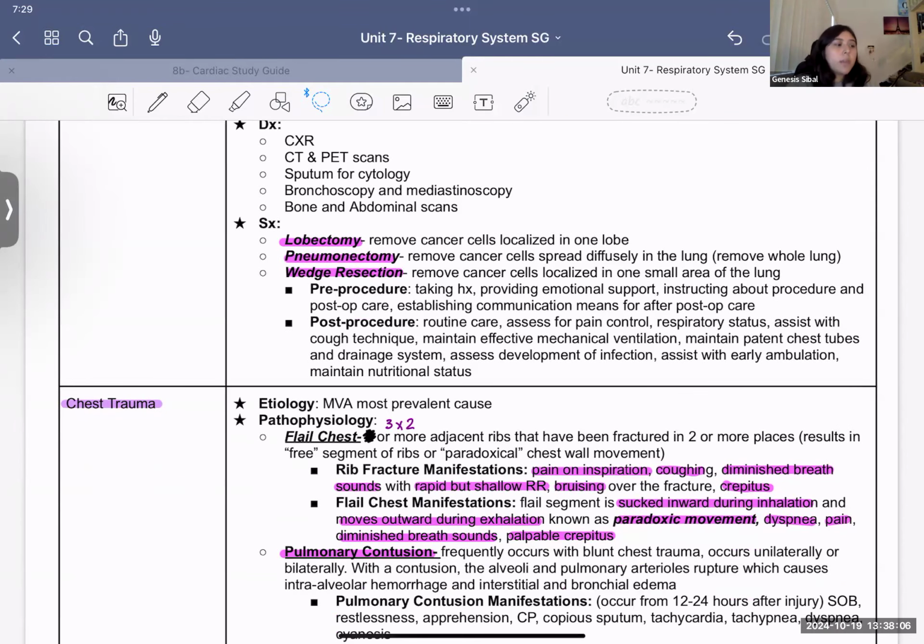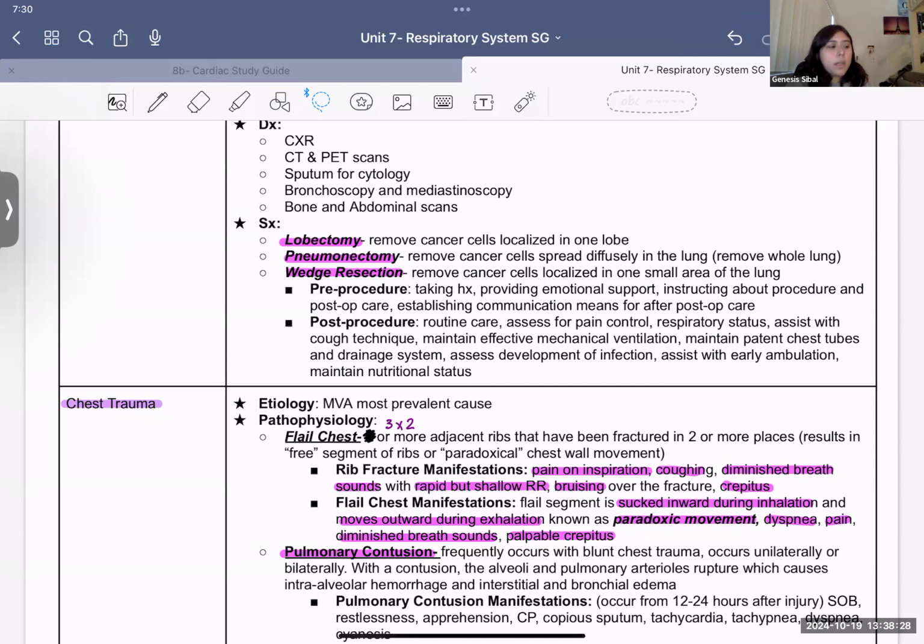Really, the one thing to know about this is probably just the surgery aspect. I feel like for this one and for laryngeal cancer as well, it's about what you're going to remove and what care you're going to follow up with. Obviously with this, we're not talking about the laryngeal tract, we're talking about the actual lungs. So lobectomy, which is removing the cancer cells in one lobe, if that's what they have, right?